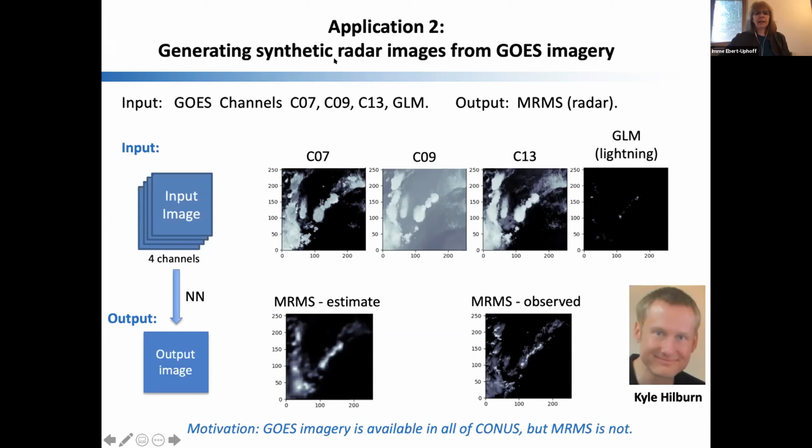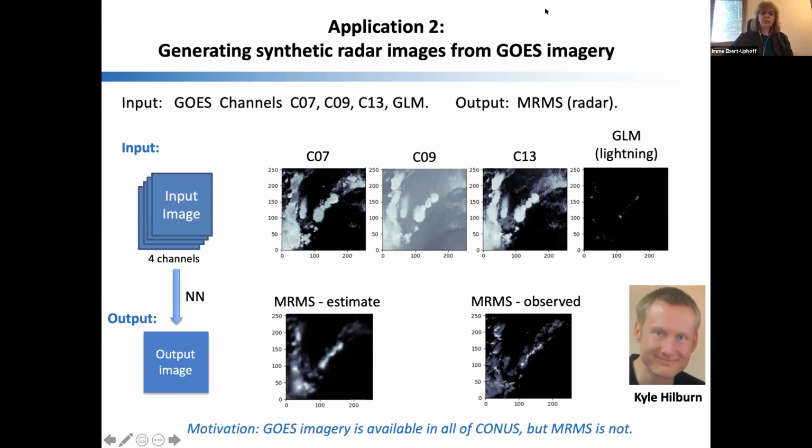So the second application is, because I just showed you a classification architecture, now we're doing something with image-to-image translation. The application here is that we're trying to generate synthetic radar images from GOES imagery. GOES is the Geostationary Operational Environmental Satellite, in our case, GOES 16.